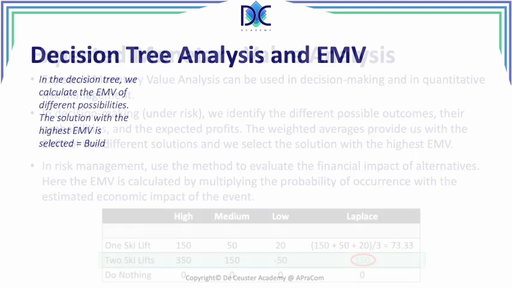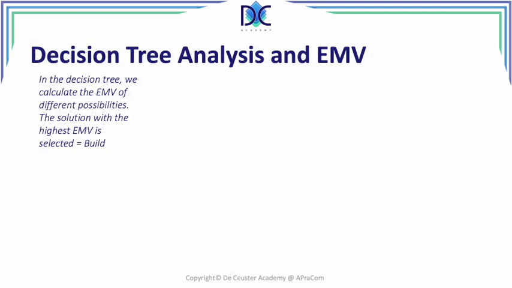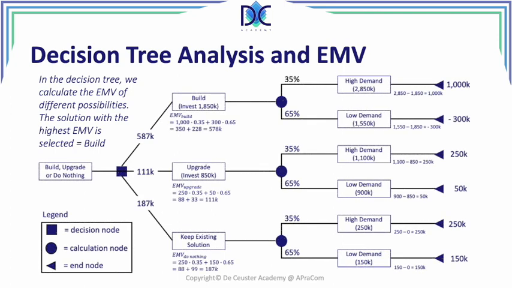Another element we have is the decision tree analysis. The decision tree is a special method where we calculate the expected monetary value of different possibilities. The solution with the highest expected monetary value is selected or we build it. Now here we see a typical decision tree. We have different elements here. We have decision nodes, we have calculation nodes, and we have end nodes.